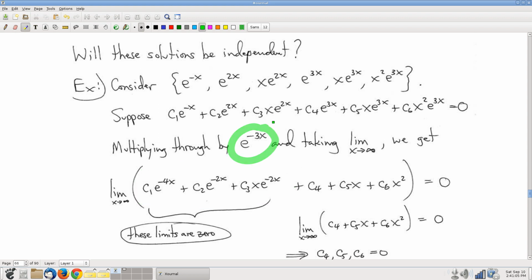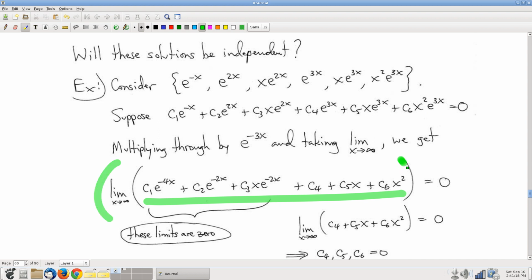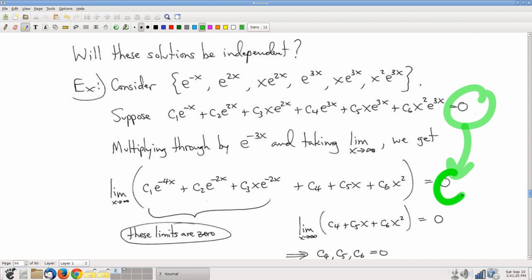The e to the -3x cancels the e to the 3x that's there, and you get just a polynomial left over. So multiplying through by e to the -3x gives us this, and then taking the limit as x approaches infinity gives us that. And of course, doing the same with the right hand side gets you 0. Still 0.